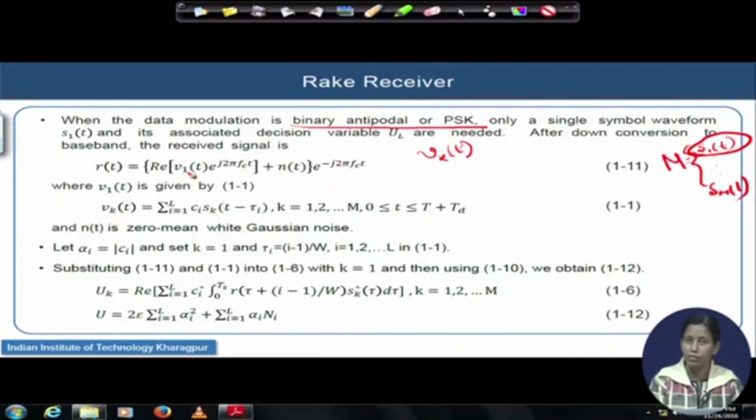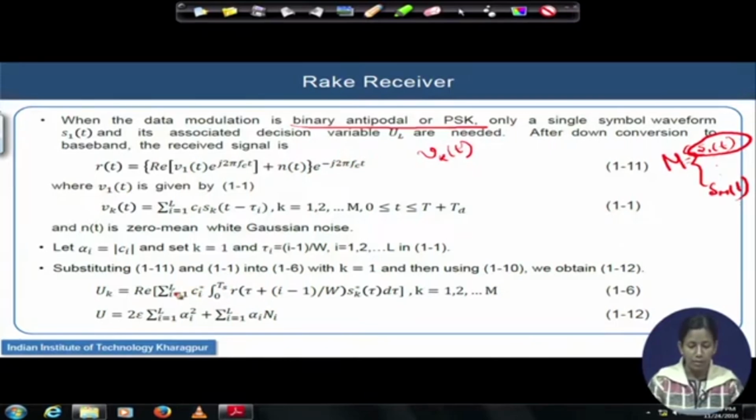Hence, I have written in equation 1-11 that the received signal is the real part of v1(t) e to the power j 2 pi fc t, plus some noise. After receiving it, n(t) is a zero mean white Gaussian noise process, and we multiply with e to the power minus j 2 pi fc t to bring it down. This is the down conversion.